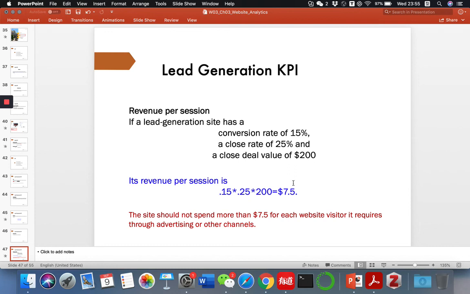And we say that revenue per session, not only for lead generation sites but also for retail sites, has some meaning here. You can get some insight from this number. It means that the site should not spend more than $7.5 for each website visitor, because you only get $7.5 from each session.